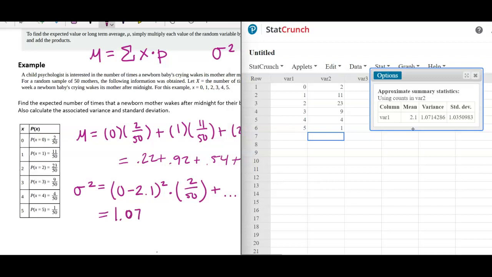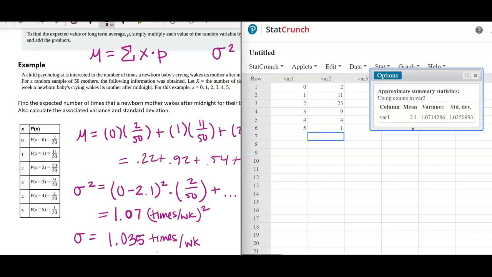Now, the units on variance, because we're squaring, end up being times per week squared, which isn't the right units. So that's why standard deviation is a better calculation to look at, and this gets us back to times per week.